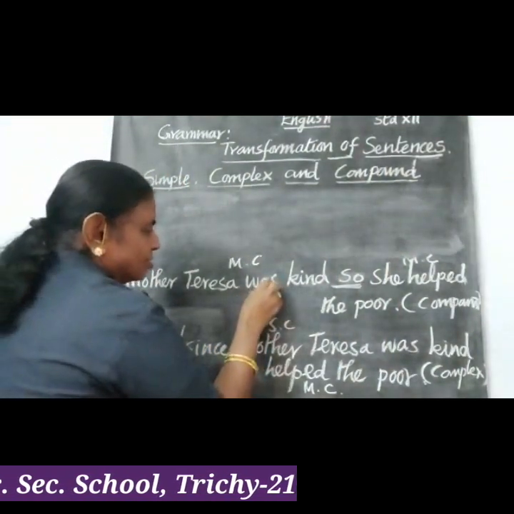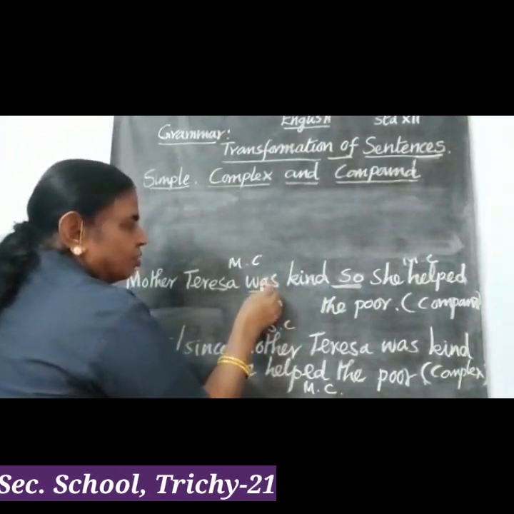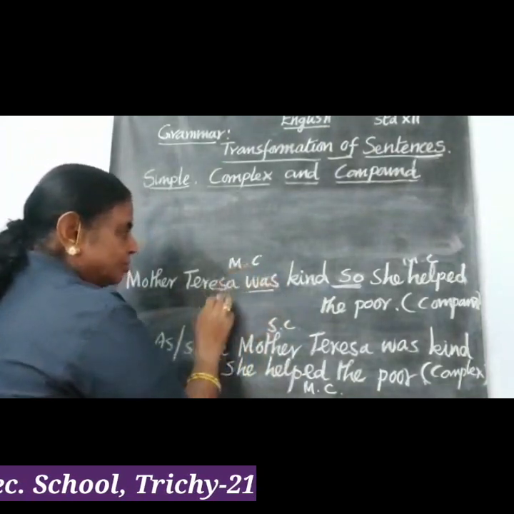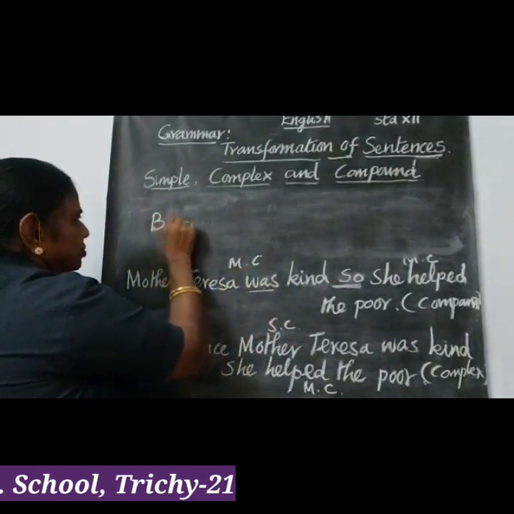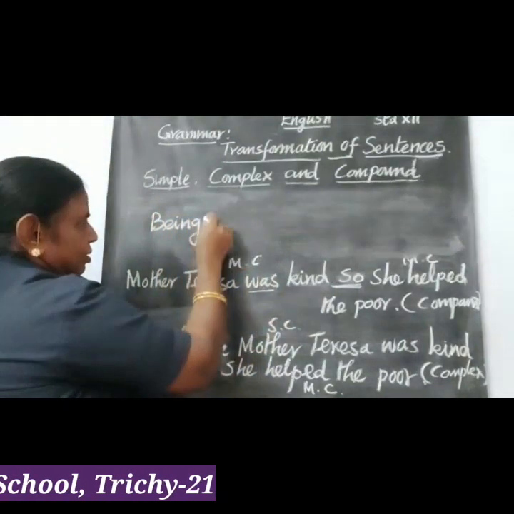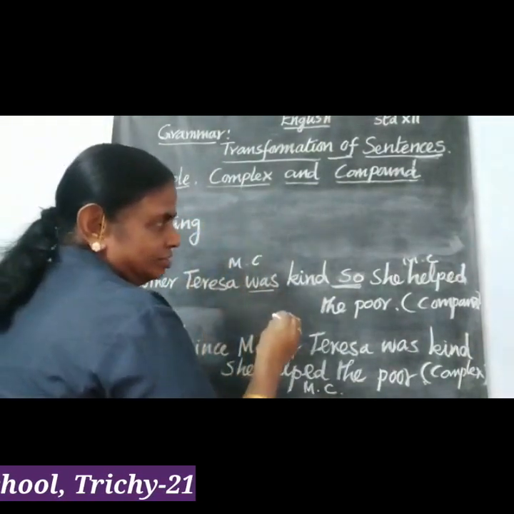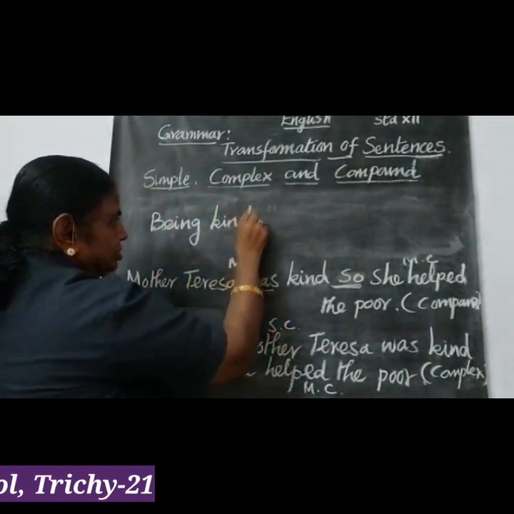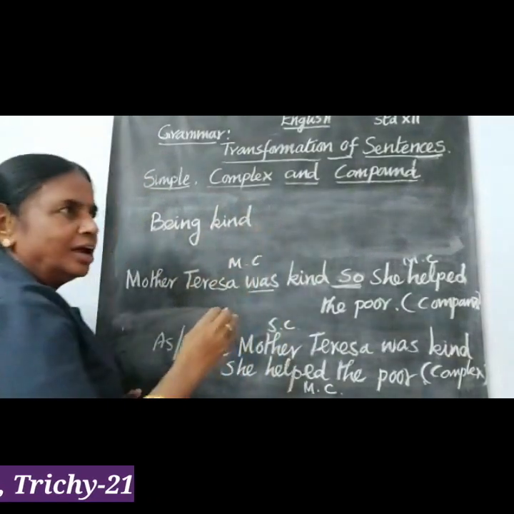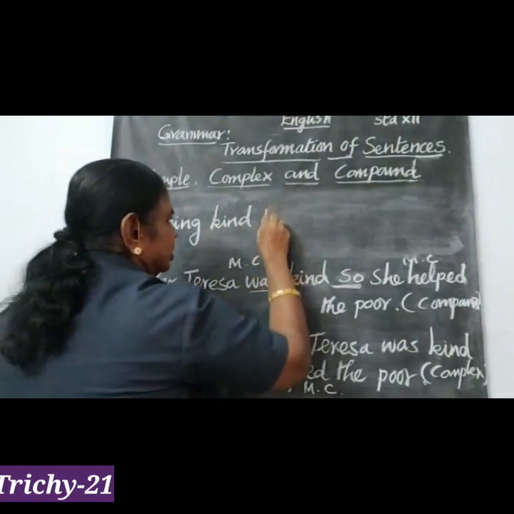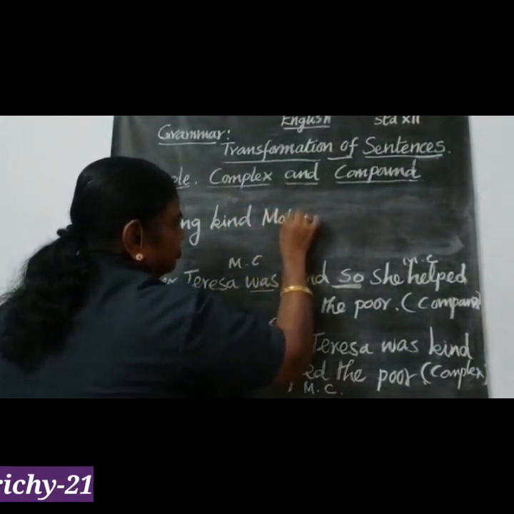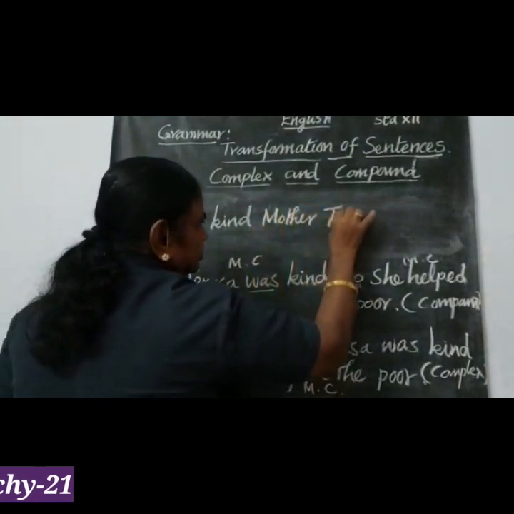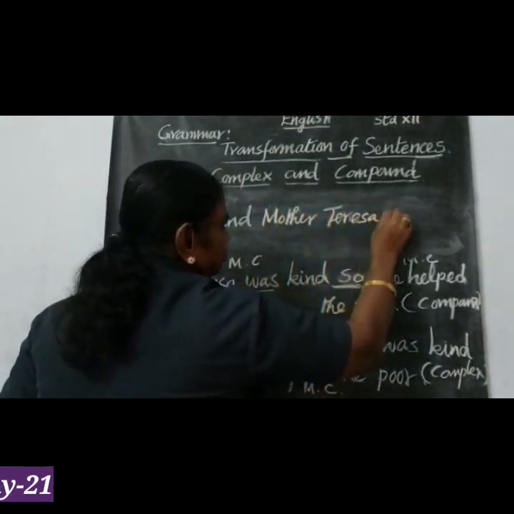So this "was" is the be verb, and I will change it into the present participle "being". So, being kind, Mother Teresa helped the poor. You can write it like this.